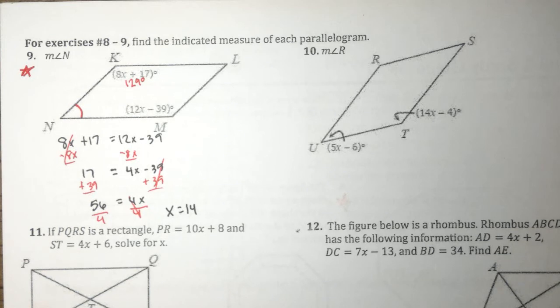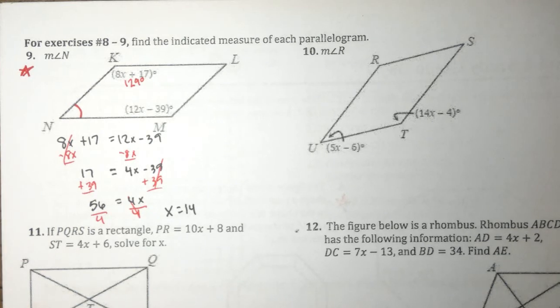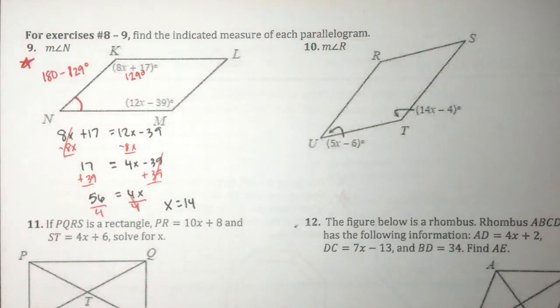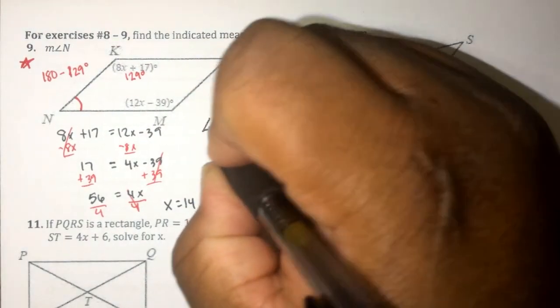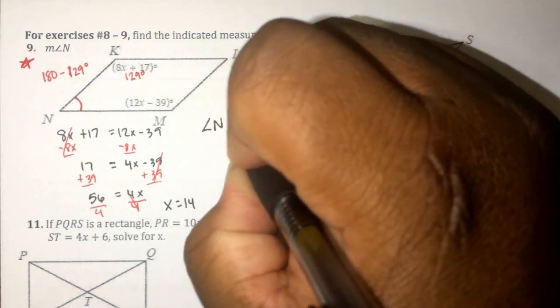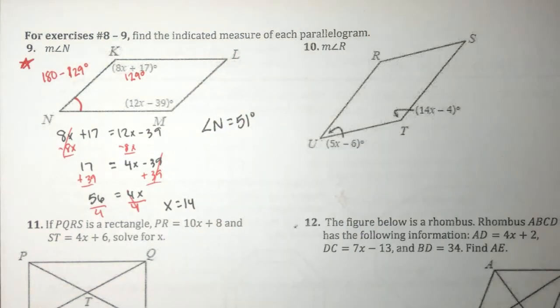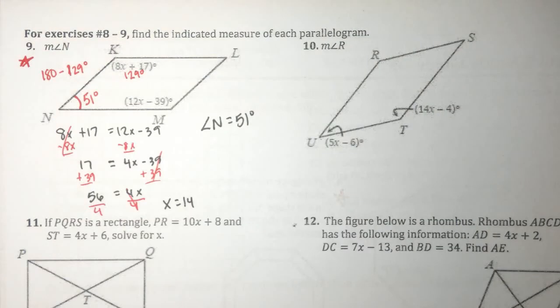So it's going to be 180 minus 129. And then the measure of angle N is going to be 51 degrees. Easy enough to do.